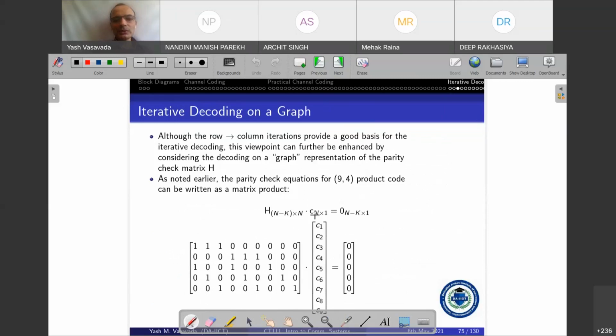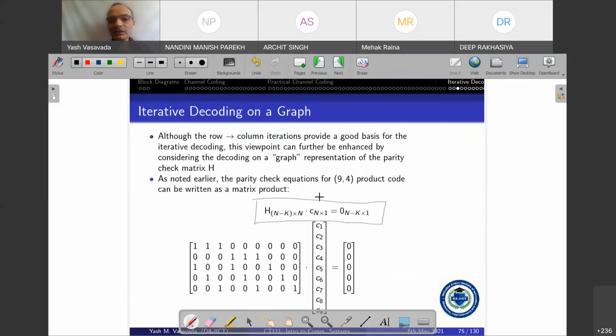So now we are going to look at this Tanner graph in the context of the same 9-4 product code. Remember, the parity check matrix H completely specifies the code because it always conforms to this equality.